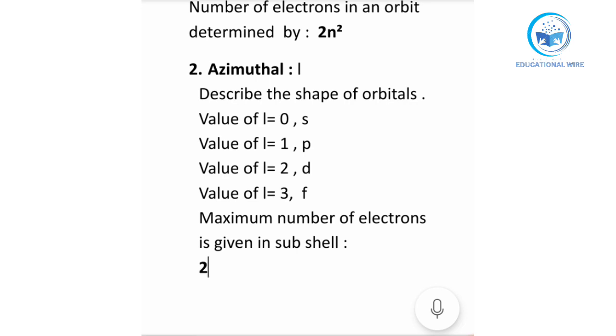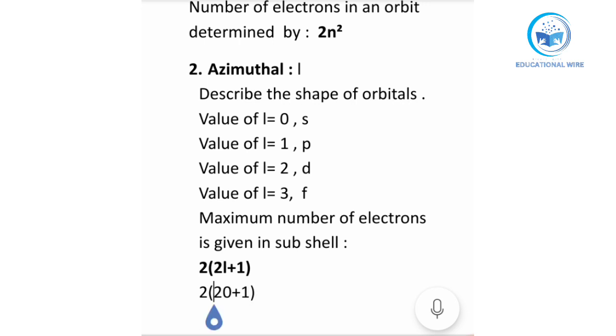The formula is 2 times (2l plus 1). If L is equal to 0, we want to know how many electrons are in the s subshell. So we put the value of L in: 2 multiplied by 2, then L which is 0, and then plus 1.